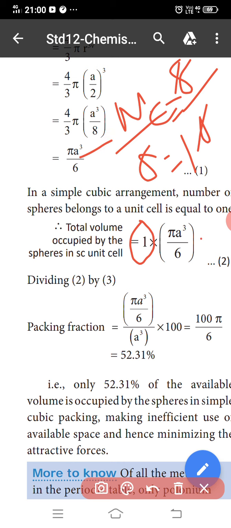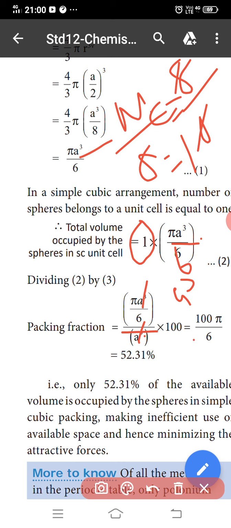Now we divide by the second quantity, the volume of the unit cell, a cube. So pi a cube by 6 divided by a cube. The a cube cancels. So pi into 100 by 6.